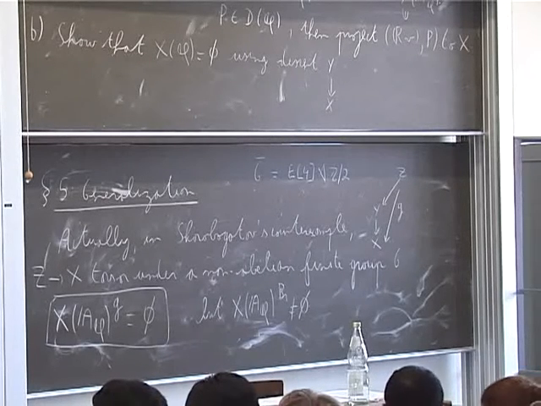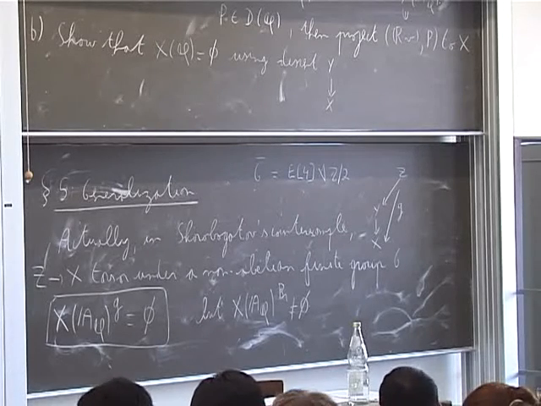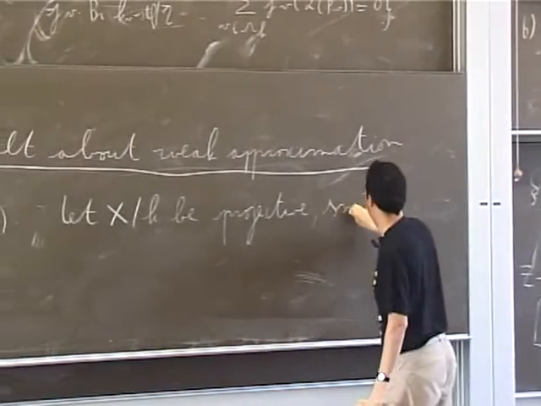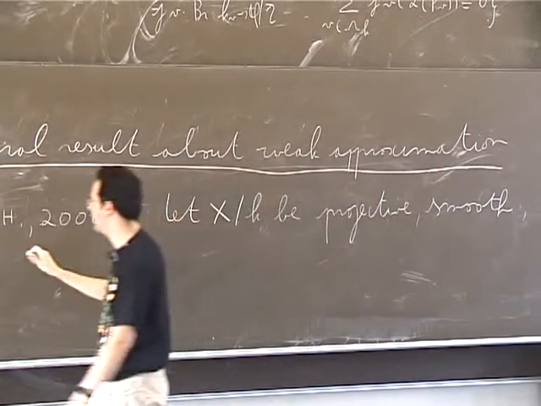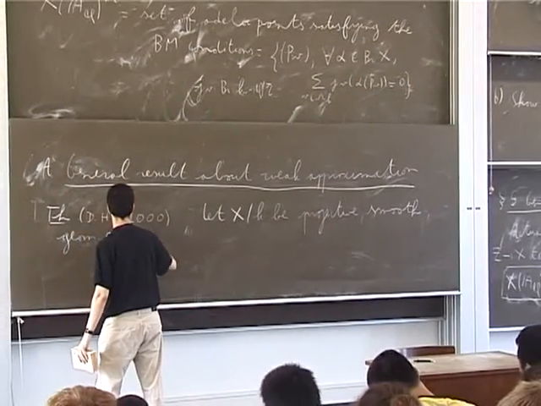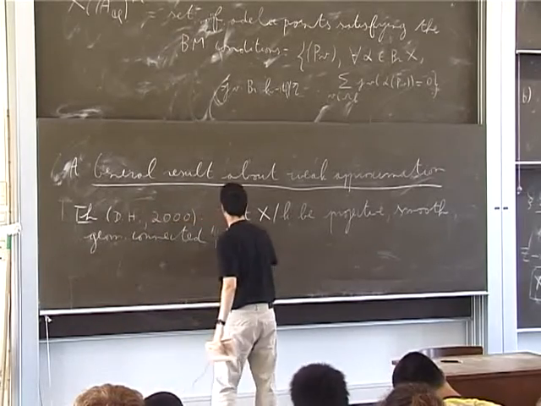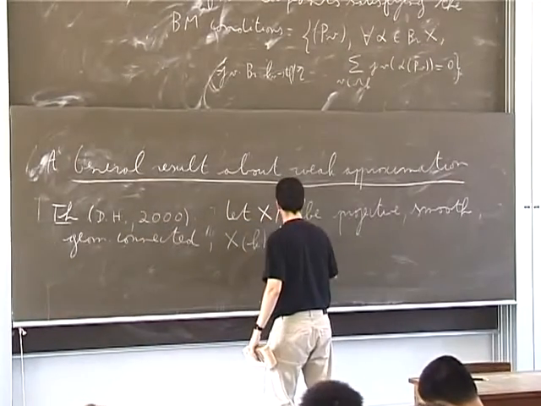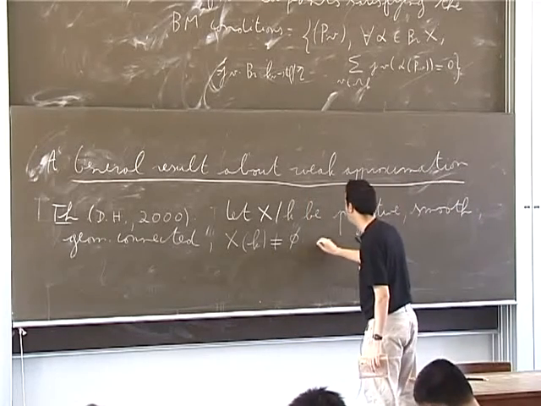So let X over k be projective, smooth, geometrically connected. And here, to avoid an empty statement, I have to assume that there is at least one rational point. Now I have to make geometrical assumptions.